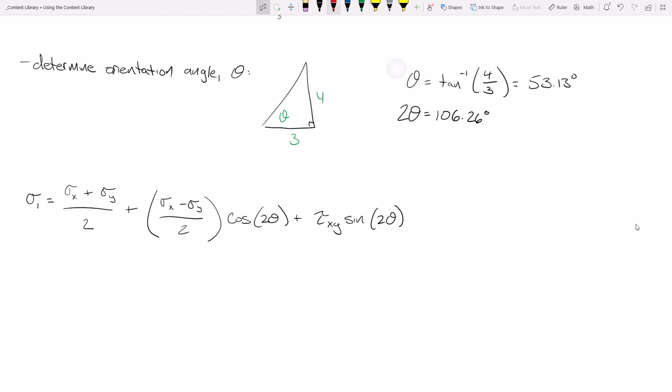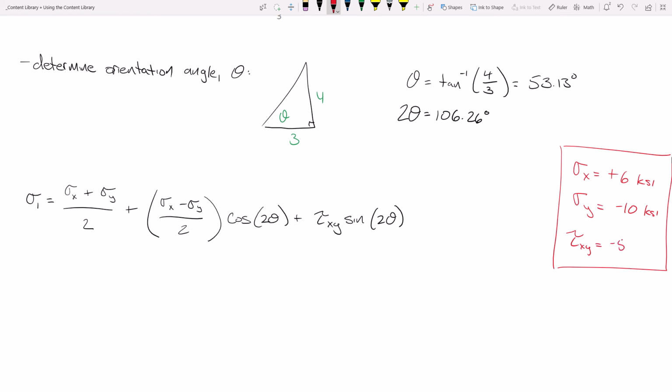They're on the upper part of the screen, but sigma x is plus 6, sigma y is minus 10, and tau xy is minus 5. By the way, one of the nice things about stress transformation is that it is very kind to you from a units perspective. Once you get them all in consistent units, we're going to skip the units for this.